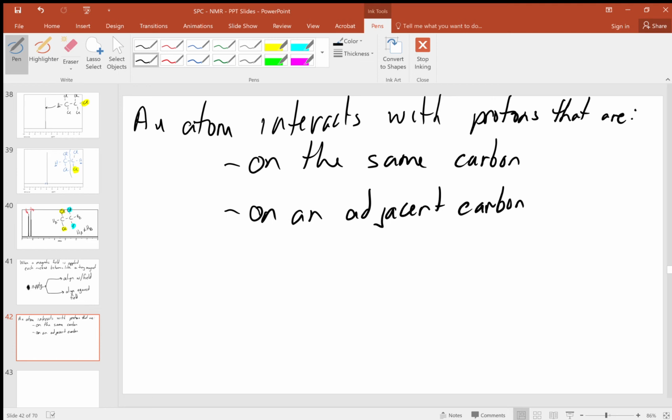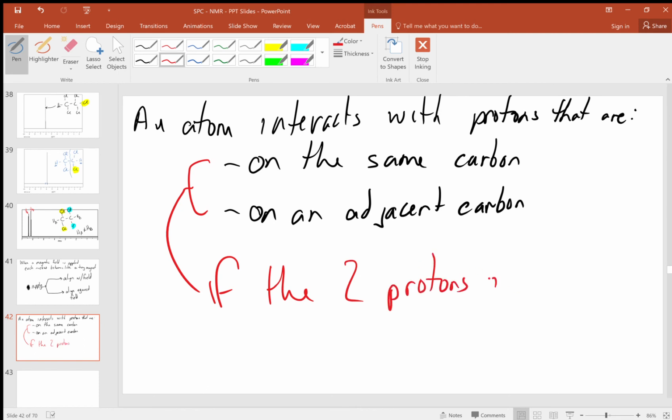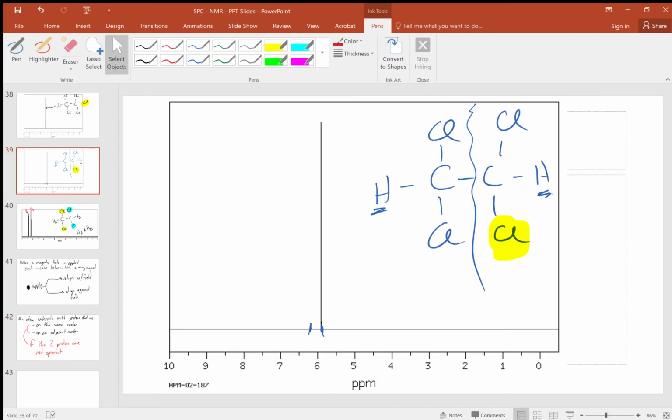Because this only applies if the two protons are not equivalent. If the two protons are equivalent, then none of this matters, which is why when we looked at this spectrum, notice that there was no splitting of this peak.